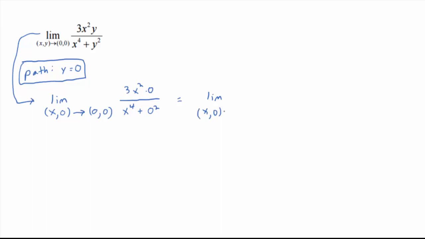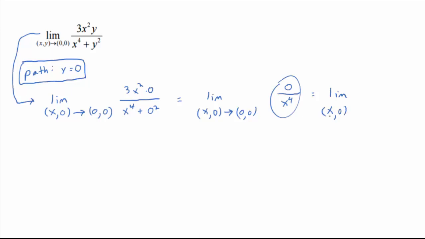The numerator is 0 all the time, isn't it? Now, it's critical to realize the denominator is not 0 all the time. In fact, the denominator is never 0 because we don't actually let x get to 0 on this path, right? So it's perfectly okay to say that this is the limit of the constant value 0.